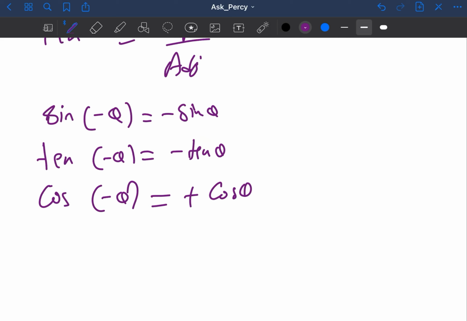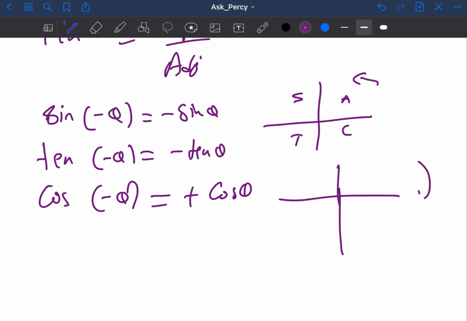Why is that? It's because all along we've been looking at a CAST diagram in the clockwise direction, but there's also a CAST diagram in your anti-clockwise direction, which still looks like that.